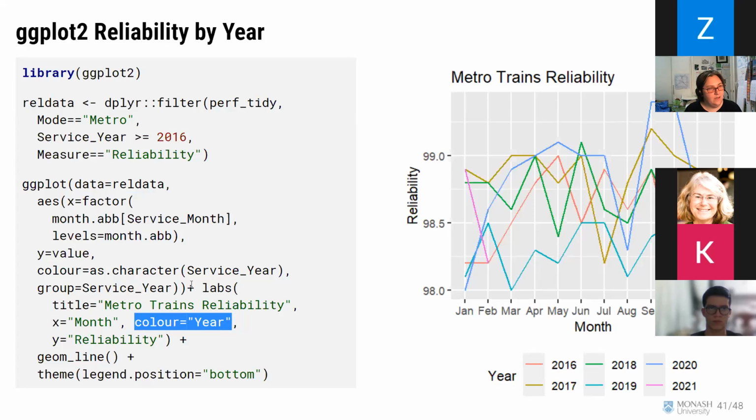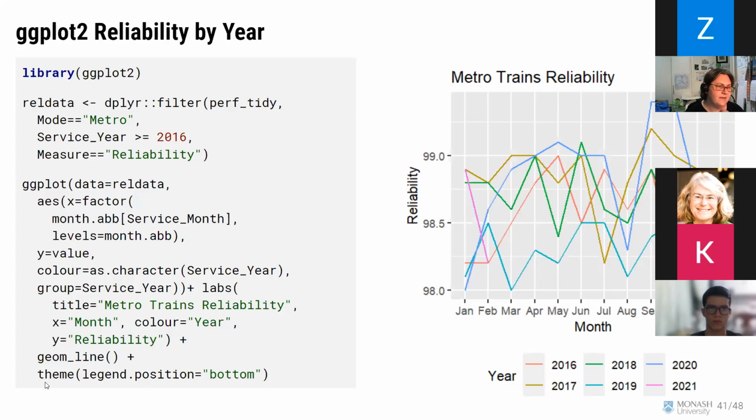More important than the labels is geom_line, which tells R that I want to draw a line graph. There are other ones, like geom_path, or you can make bar plots. I haven't actually used ggplot that much, and when I have, it's always been for line graphs.